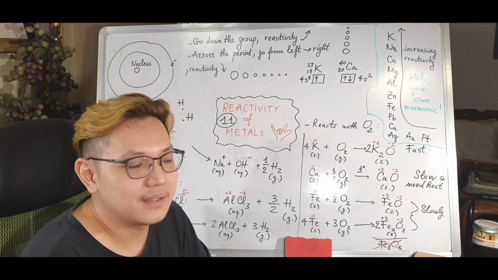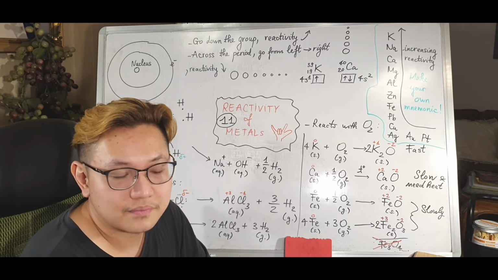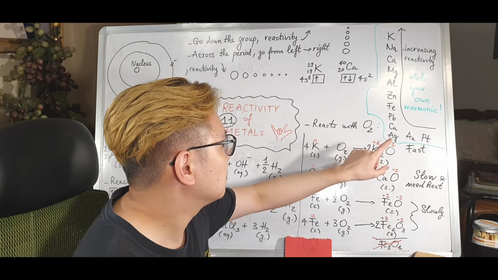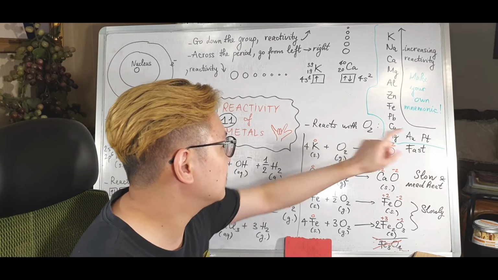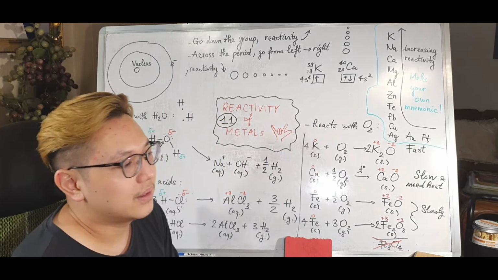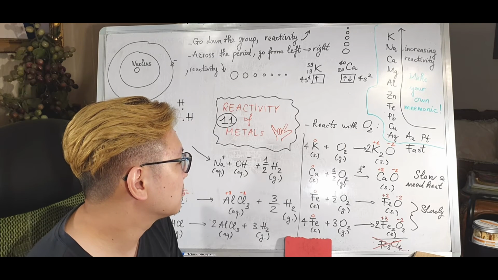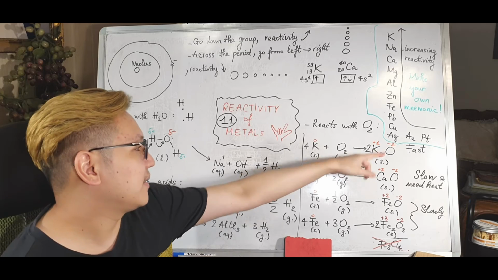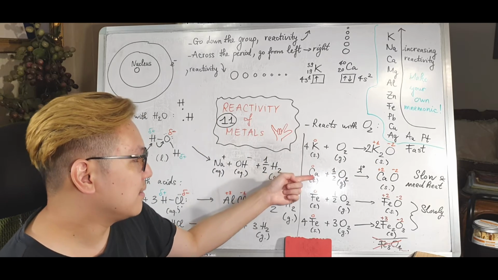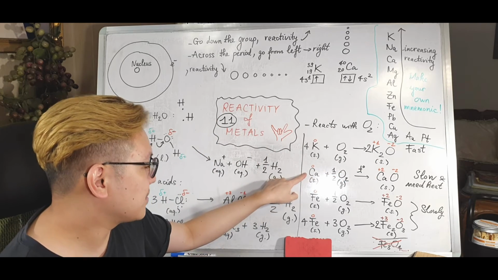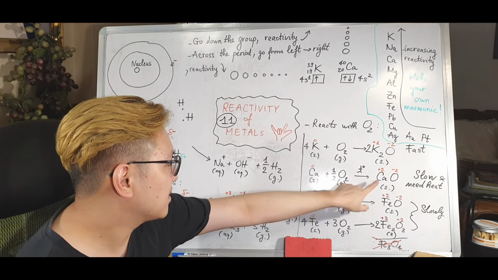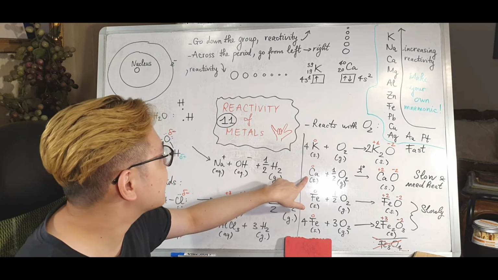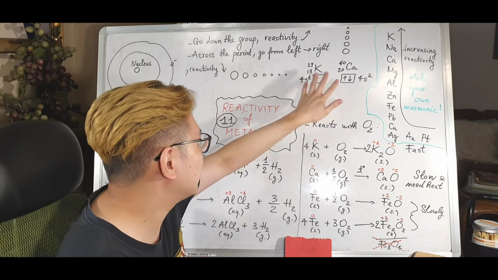Well, most of the metals will form oxides except, say, gold and platinum. You can see other cases here. Group 1 react very fast. Group 2 slow and it needs heat. For example, calcium with oxygen becomes calcium oxide. The reason why group 2 reacts slowly is exactly the same as I explained earlier.